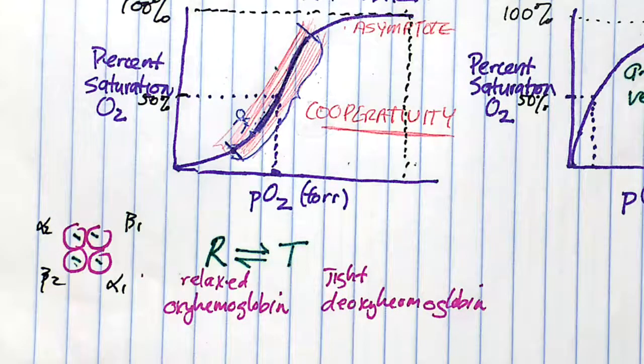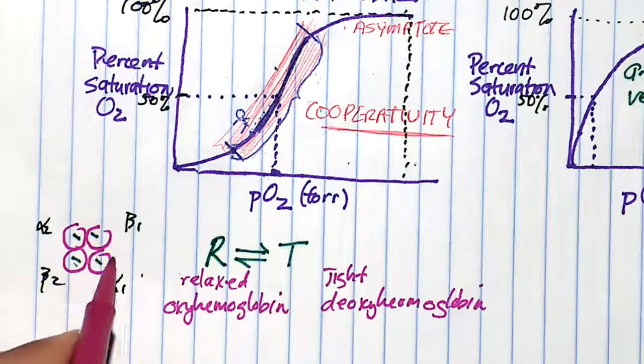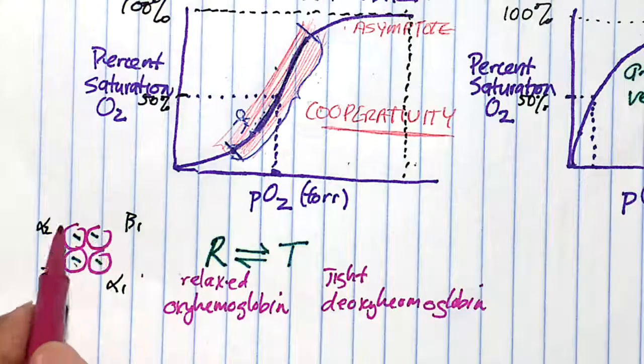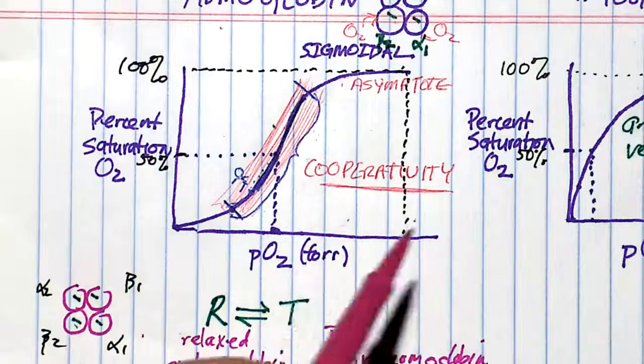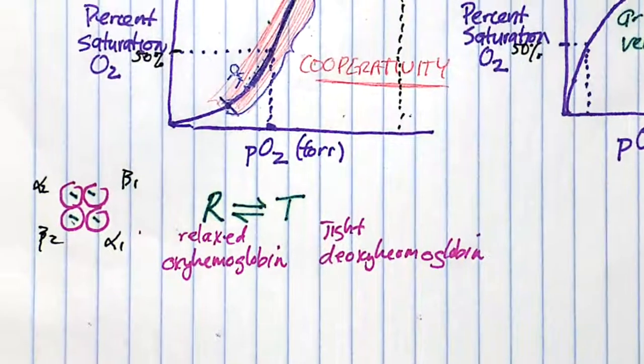Okay, so there are different models of this. You can have all 4 subunits T, all 4 subunits R, or RT, RT, RR, RT, T, RT. You can have different variations of this. That is one of the facets of cooperativity. In fact, there are models of what we call allostery.